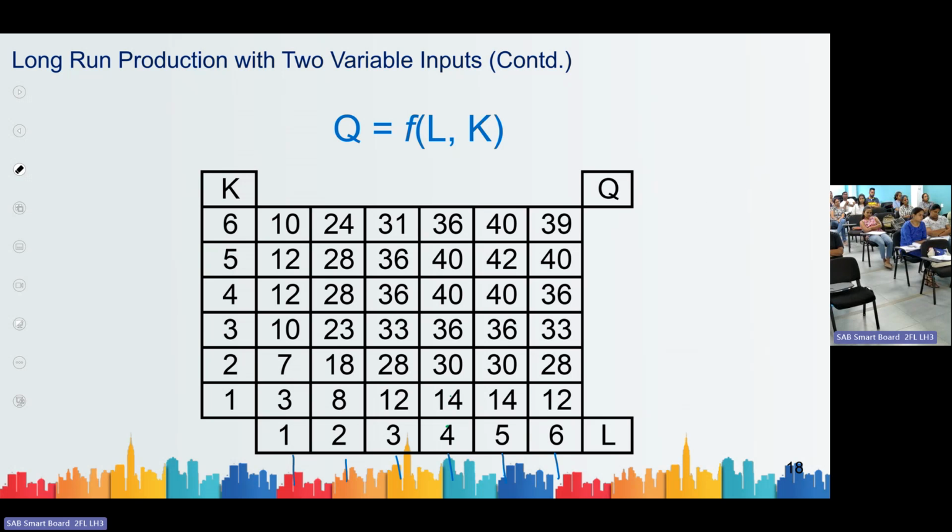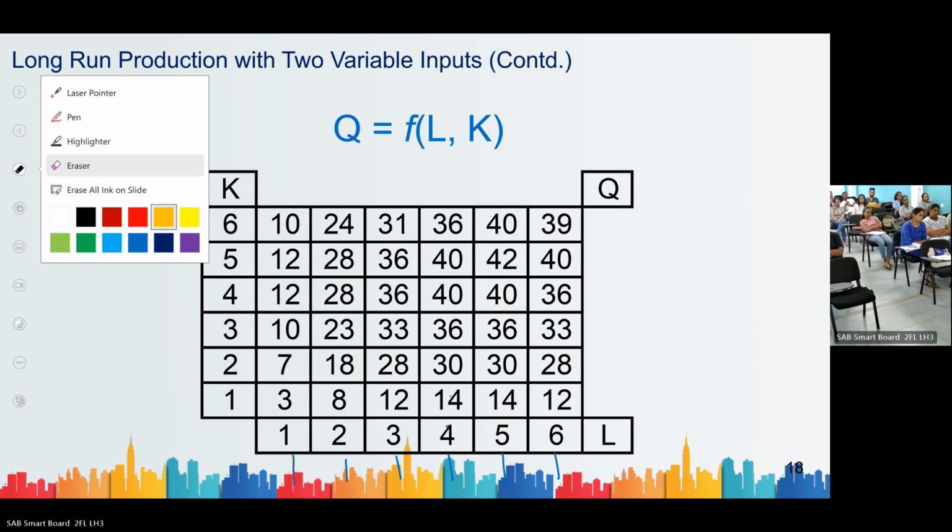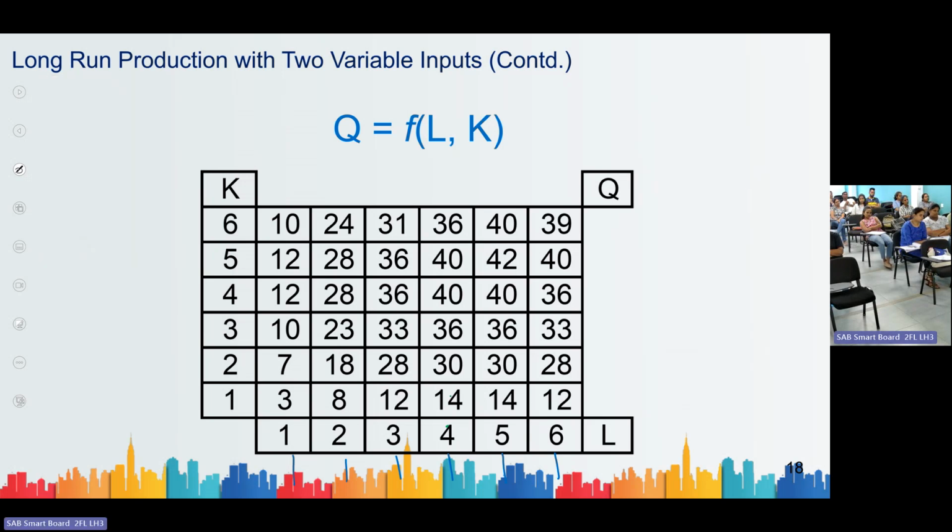For example, this firm can produce 36 units of output by combining 6 K units and 4 L units.